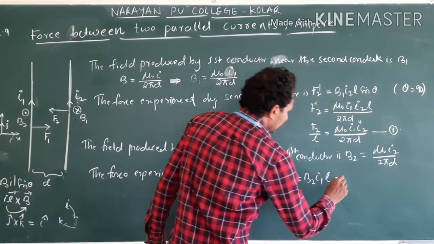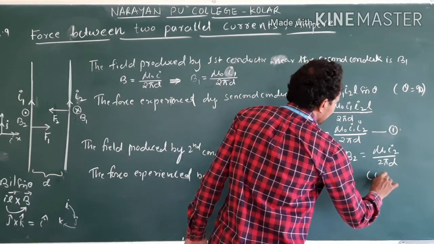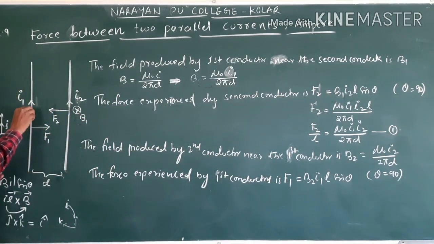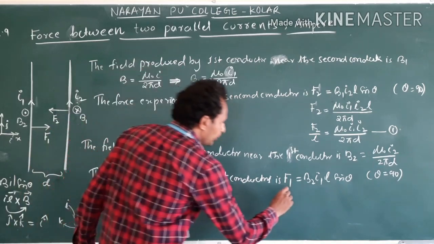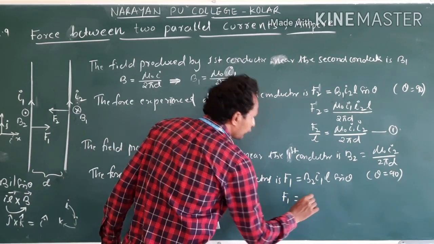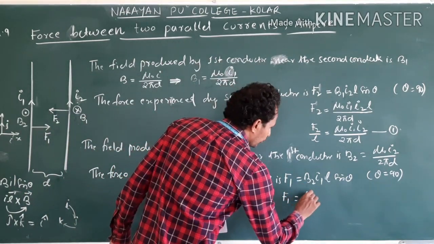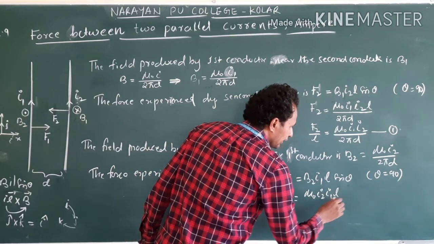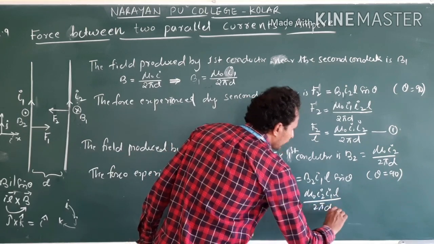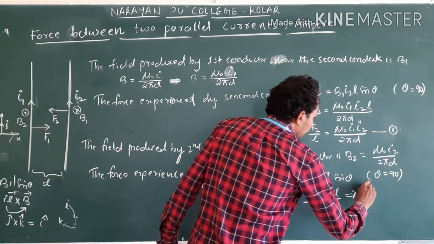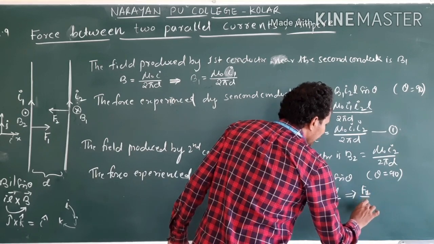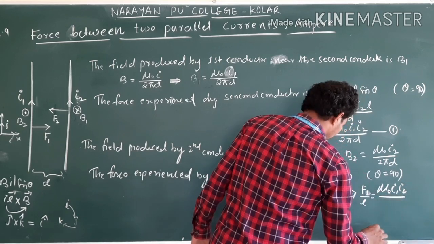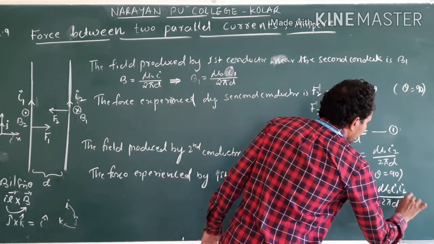L as it is, sin theta. Again here theta is 90 because this field is acting perpendicular, it is coming out. Then F1 is equal to B2 value substituted: mu naught I2 I1 L sin 90 by 2 pi d. This we can write F1 by L is equal to mu naught I1 I2 by 2 pi d.